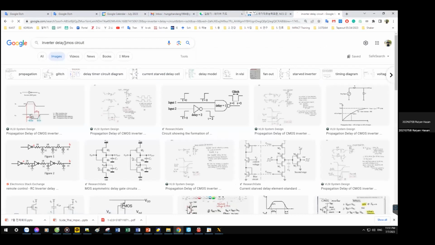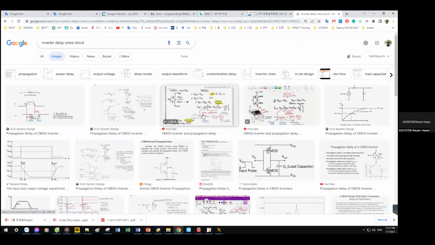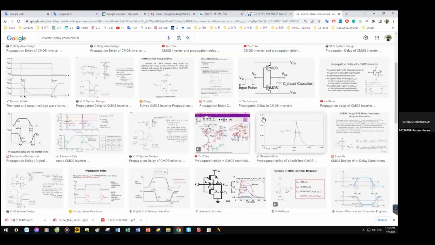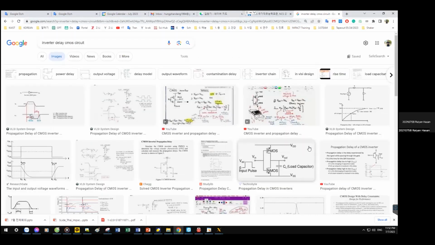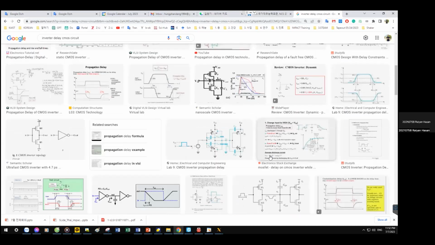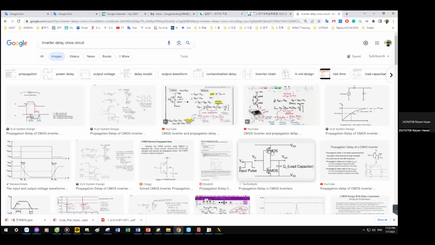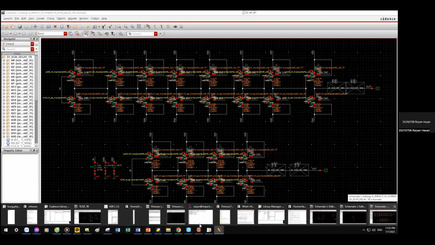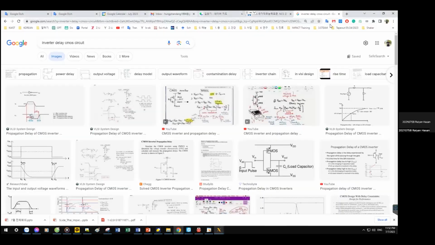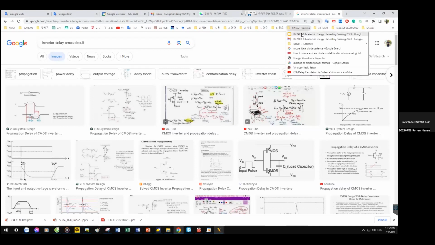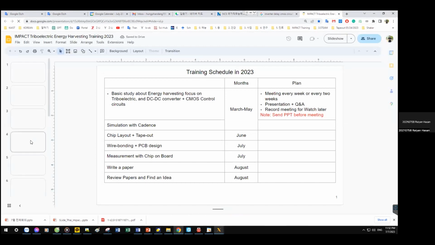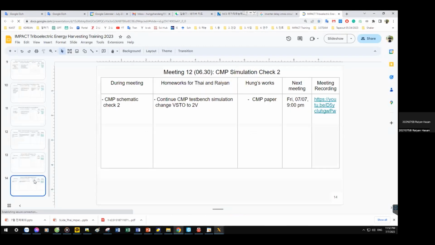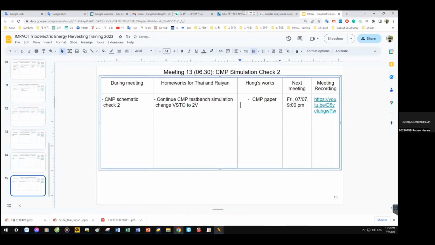CMOS. Actually I have a delay circuit, but I will find it.